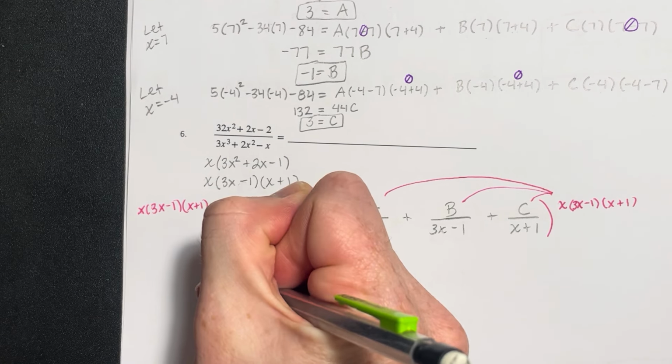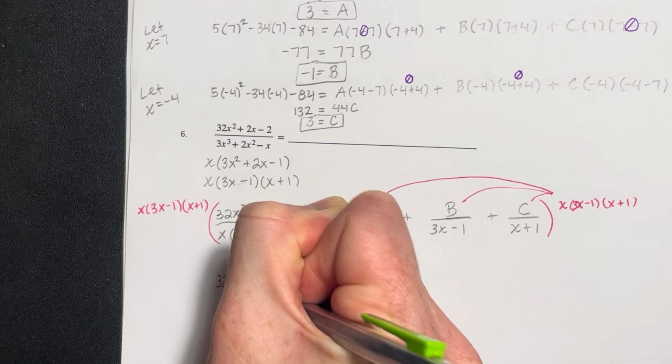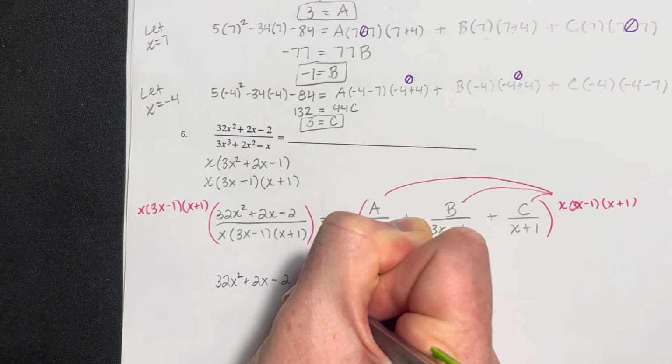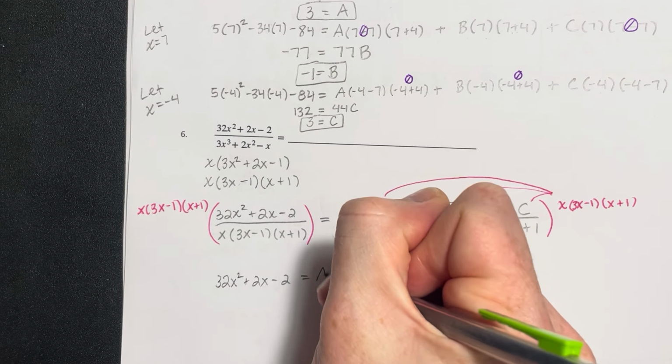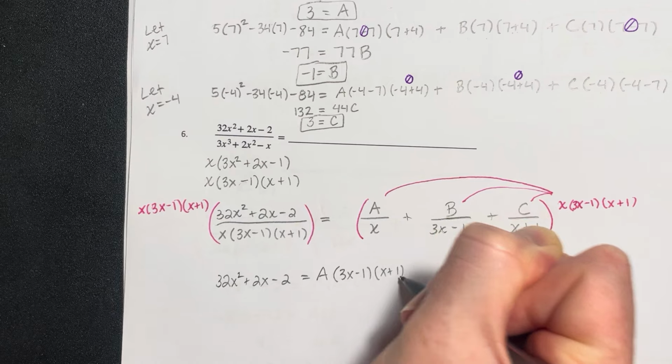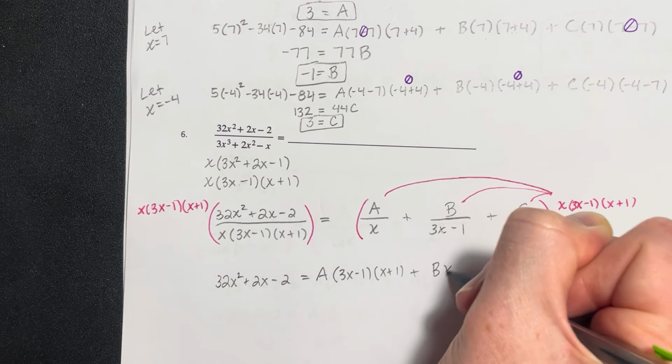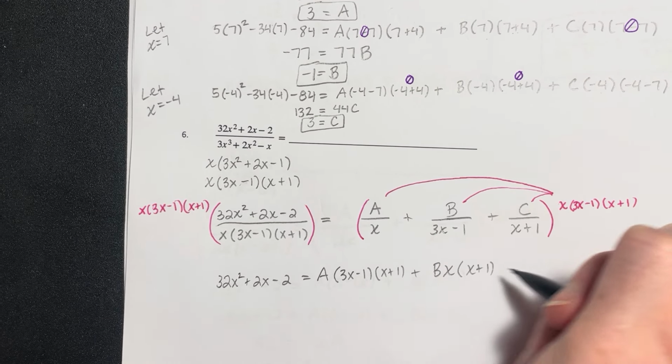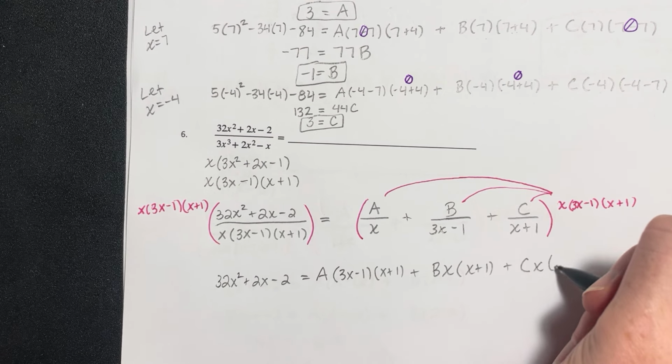That leaves me with 32x squared plus 2x minus 2 equals a times 3x minus 1 times x plus 1 plus b x times x plus 1 plus c x times 3x minus 1.